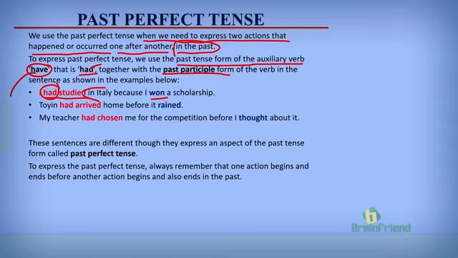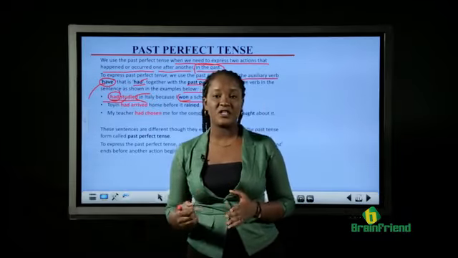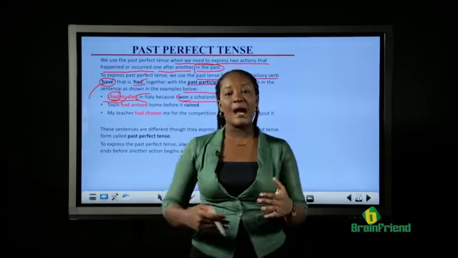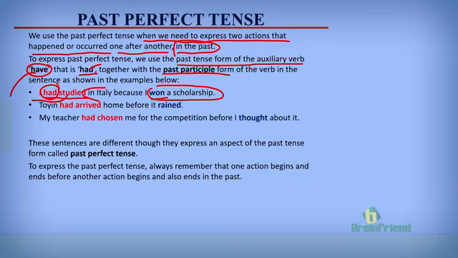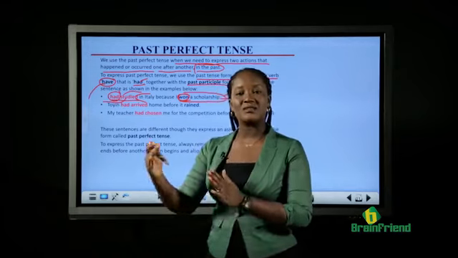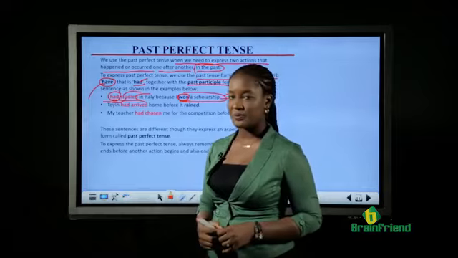Now this action, I had studied in Italy, happened after I won a scholarship. Remember that for the past perfect tense, we are referring to two actions that happened one after the other. So the first action that took place here is that I won a scholarship. Won is the verb. Now after I won a scholarship, I studied in Italy. So that's why we said I had studied in Italy because I won a scholarship.